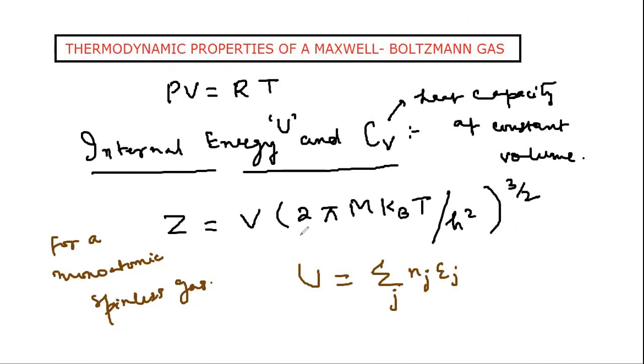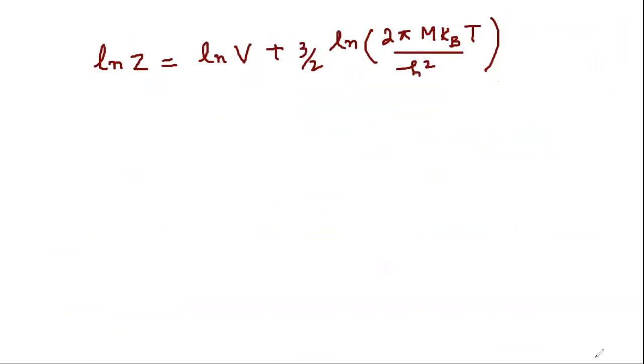I applied ln to this expression, so I got this expression because it is my appropriate Z. Now, when I differentiate this with respect to T, I do d by dT of ln Z.